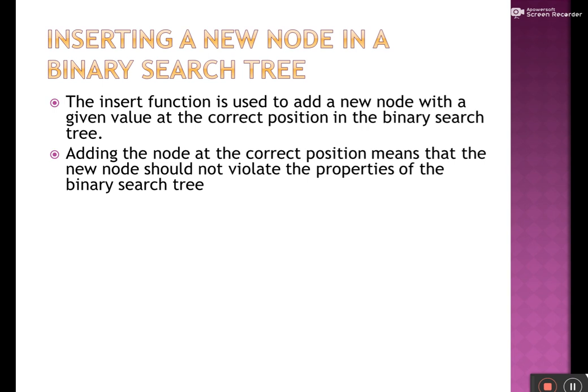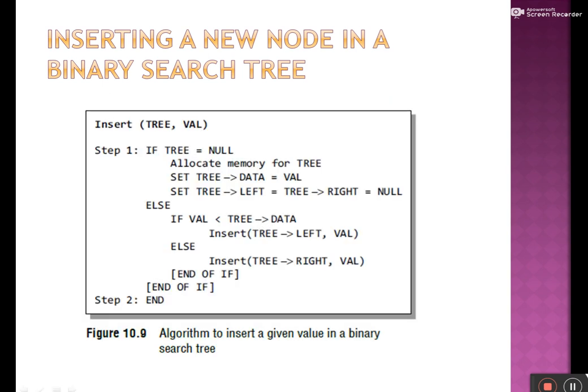It should not violate the properties of a binary search tree. Even after adding a new node, the same rules should be applicable after insertion as well. So let us move on towards the algorithm.